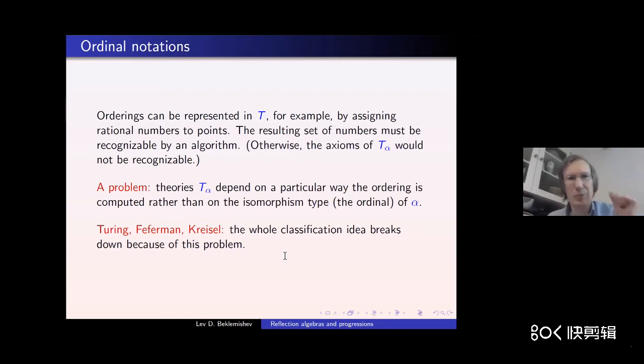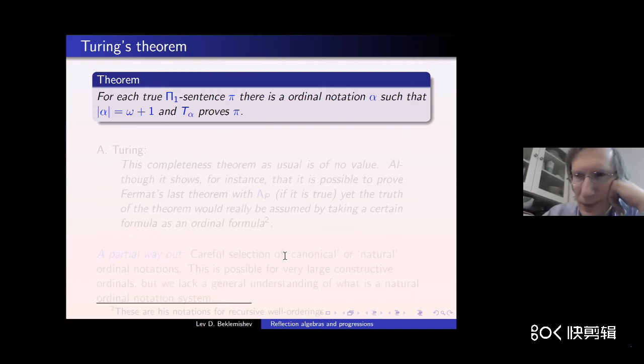For each true pi1 sentence pi, including any consistency assertions that we so far considered, there is an ordinal notation alpha such that the ordinal of that notation is just omega plus 1, and the corresponding theory already proves pi. So every true pi1 sentence is provable already at stage omega plus 1 in this Turing progression.